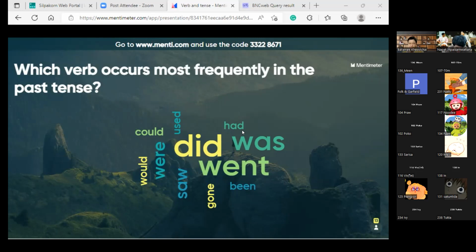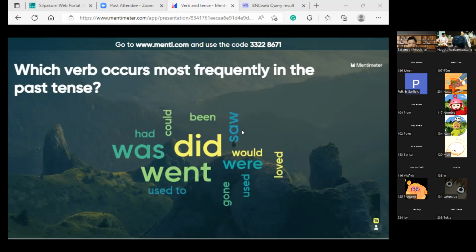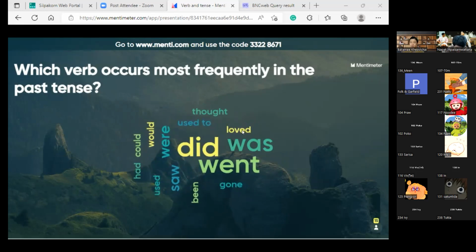Let's wait for a few more answers. And this is something that corpus linguistics can do, because many corpora, like the BNC, for example, as I mentioned, have part of speech tagging.